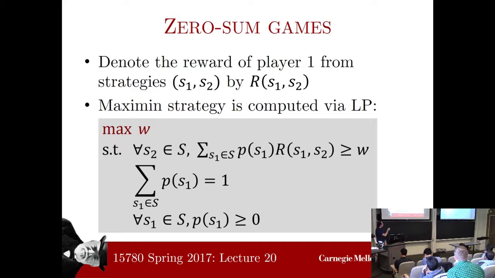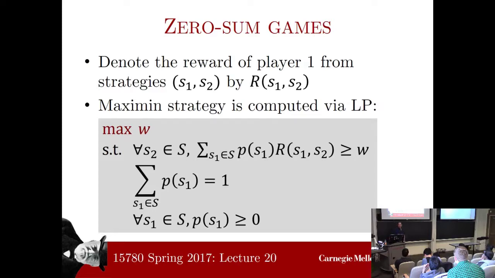So what we'll do is W will be the payoff to player 1. And we want to maximize this W. But W is defined by our minimum payoff over any response of player 2, any strategy player 2 can play. So our variables are going to be the probability that we play each strategy. And we're saying for every S2, for every response of the other player, our expected payoff is at least W. Okay?